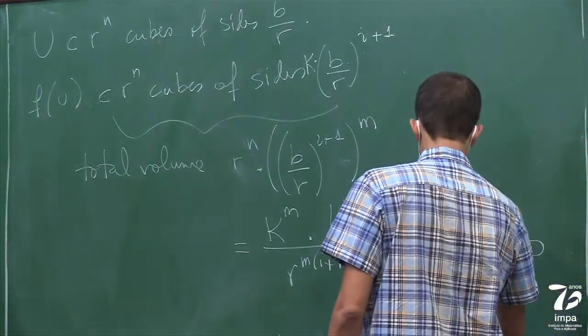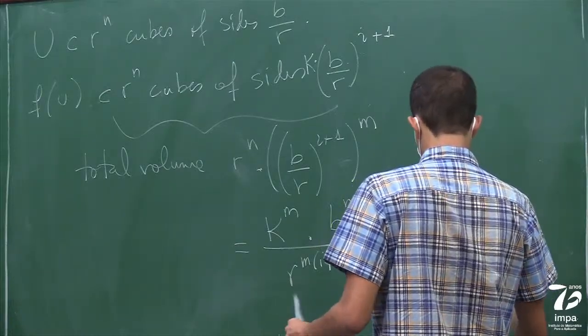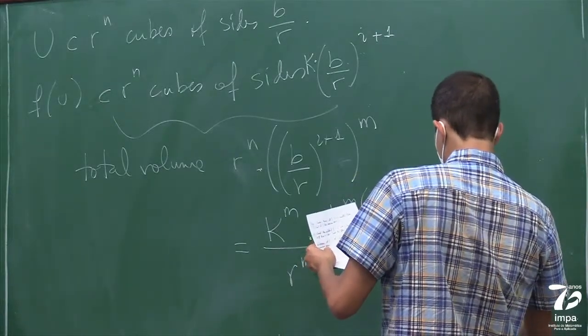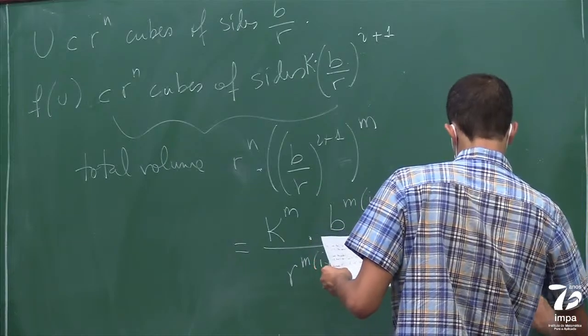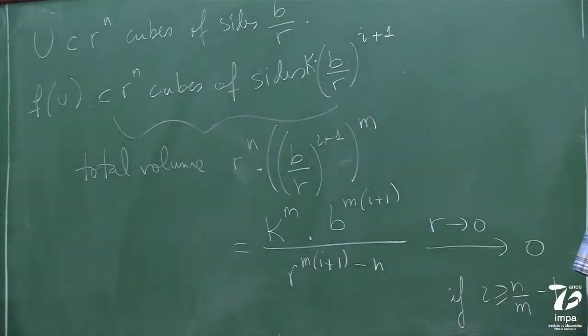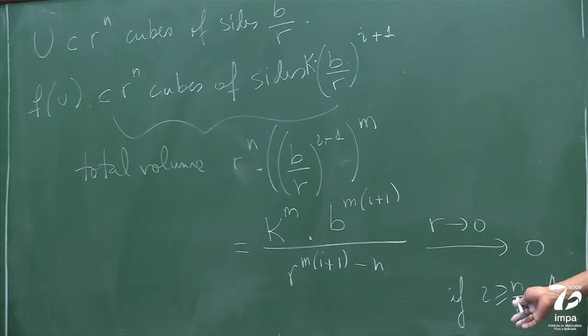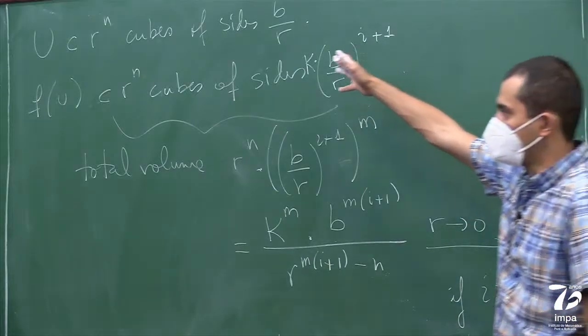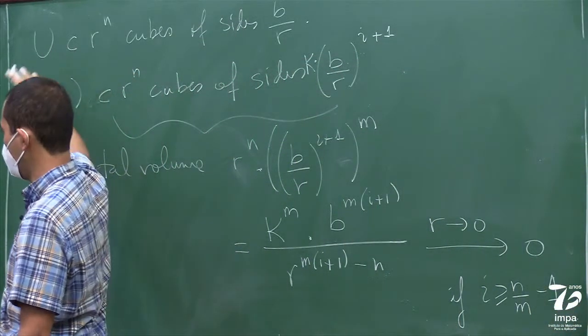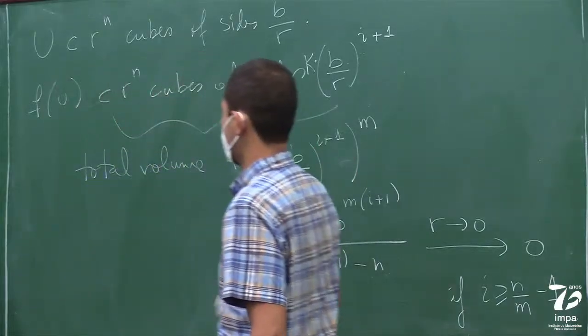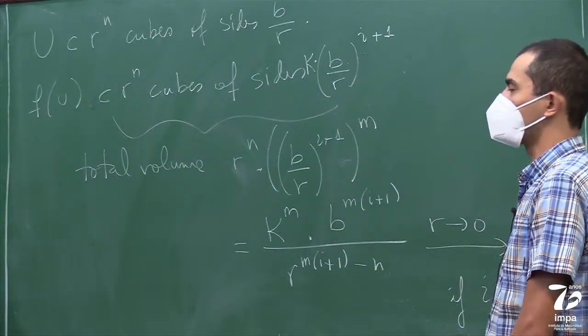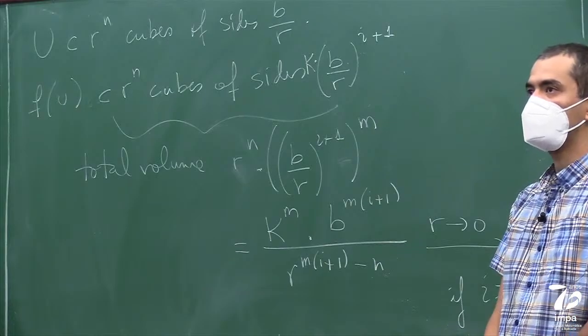So if I is bigger than n over m minus 1, I think that's the numerology. It doesn't really matter. It's a finite thing. It's not as I goes to infinity. It's like for a fixed I that's sufficiently big, this goes to 0. So that means that you can't actually cover f of U by a finite number of cubes whose volume is as small as you want.